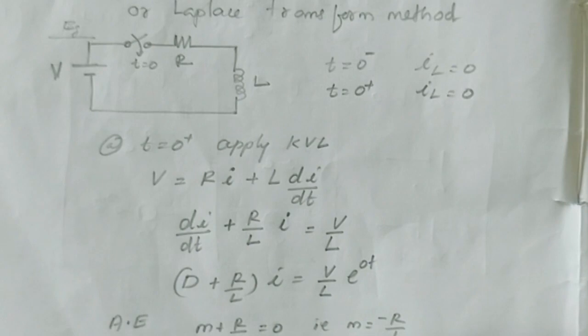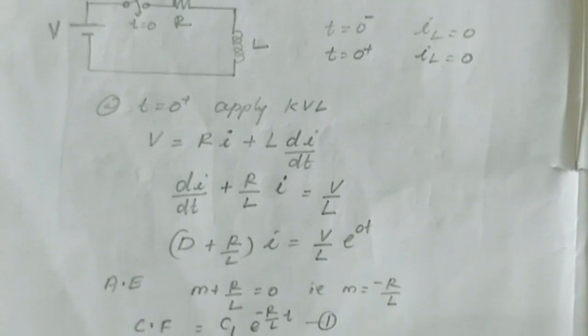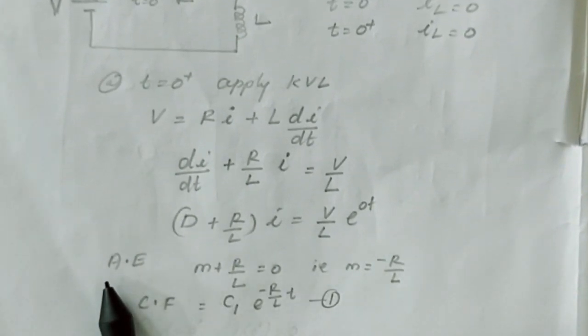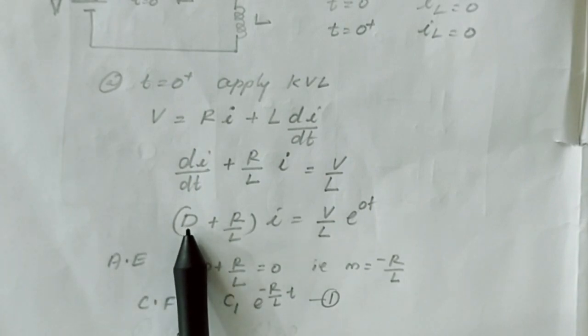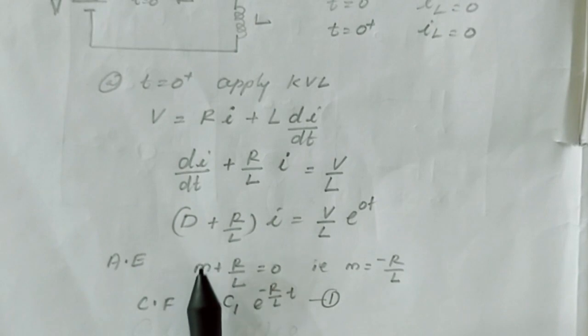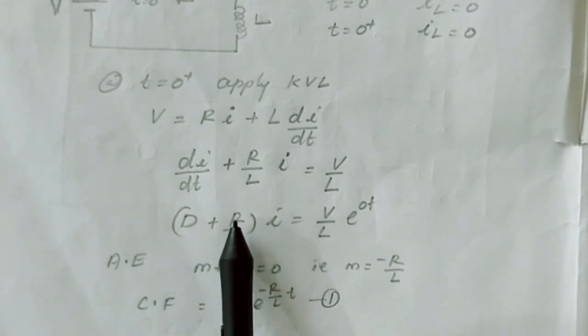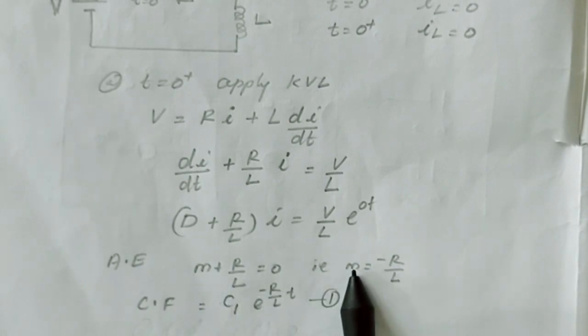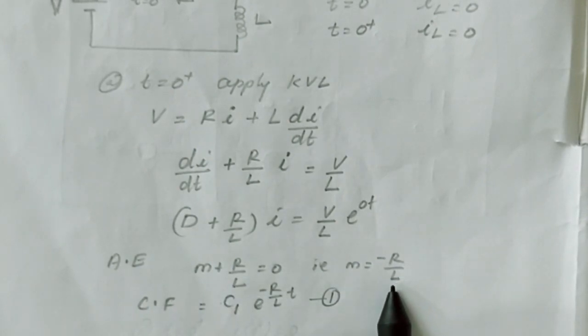Then we need to write the auxiliary equation governing the system. To obtain it, we replace D with m and equate this part to 0. That is, m plus R by L is equal to 0. Solving, we obtain m equal to minus R by L.